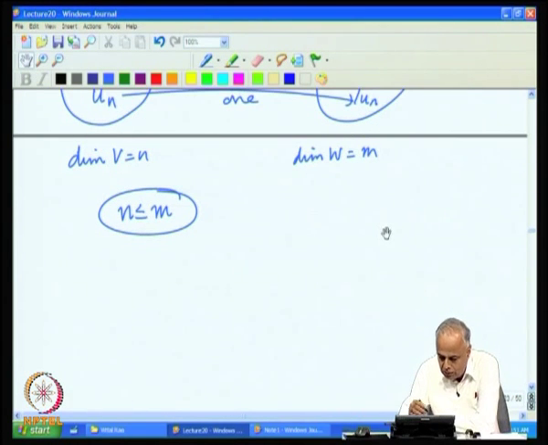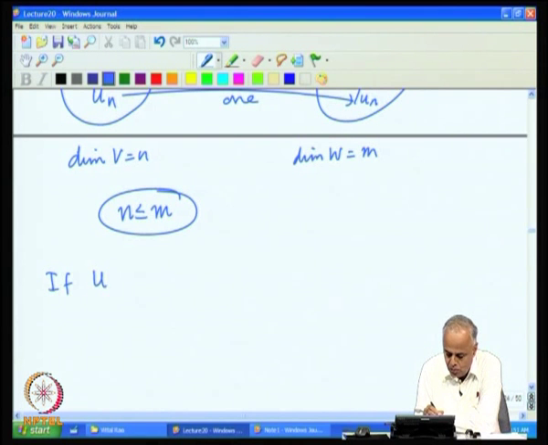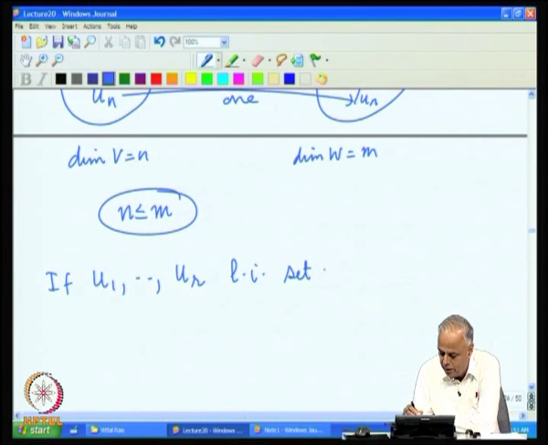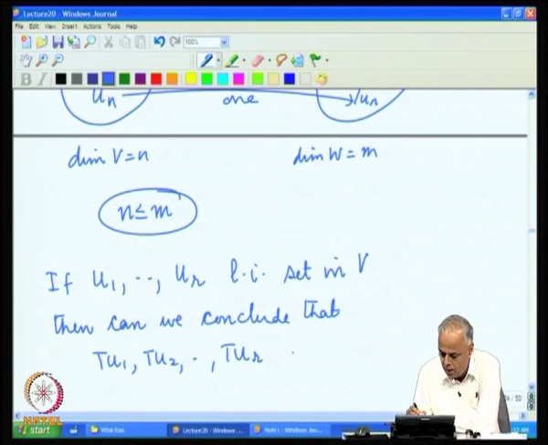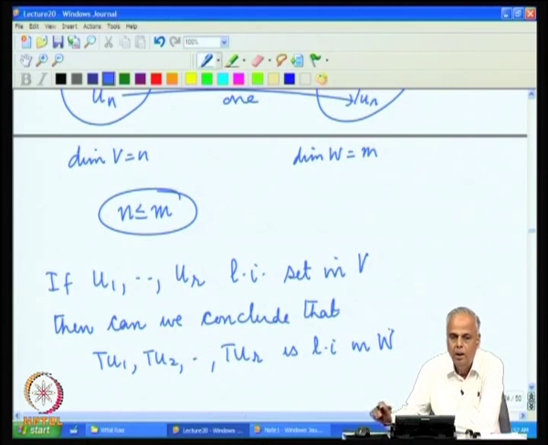So, the general question is, if u1, u2, ur, not necessarily a basis, form a linearly independent set in V, then can we conclude that T u1, T u2, etc., T ur is linearly independent in W?